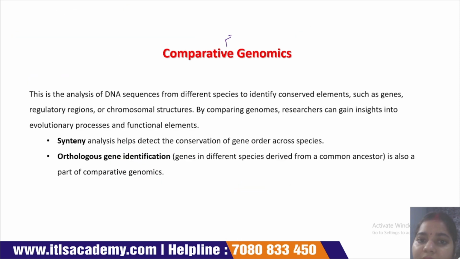Next is comparative genomics. This plays a most important role in the fields of biotechnology, medicine, evolutionary biology, etc. With the help of comparative genomics, we identify conserved elements such as genes, regulatory regions, and chromosomal structure.